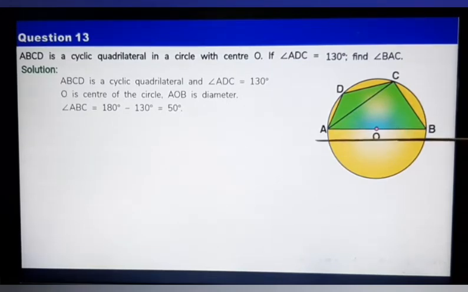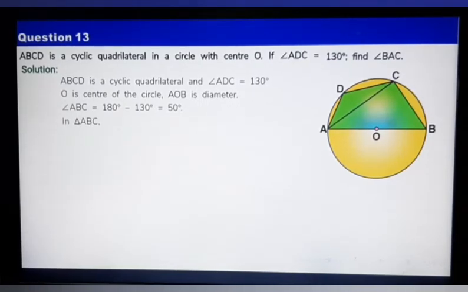Now since this is my diameter, this upper one becomes your semicircle, and this angle automatically becomes 90 degrees. Now in this triangle ABC, this is 90 degrees, so automatically this and this, when added, have to be 90 degrees, because this plus this gives me 90, and again with this 90, it becomes 180 degrees.